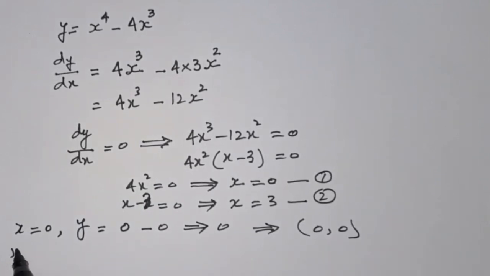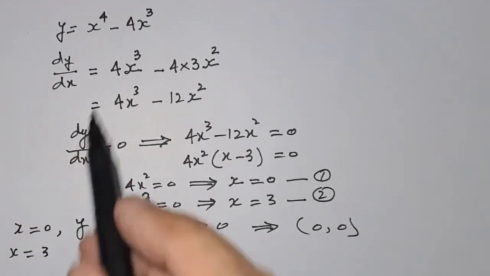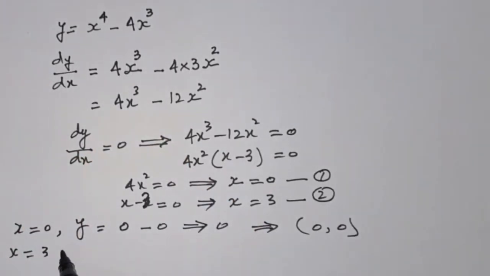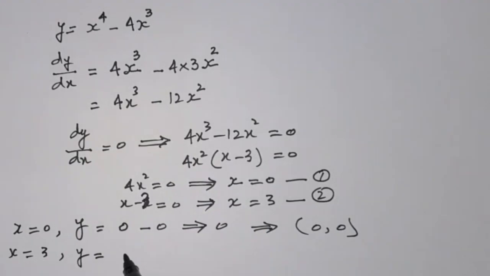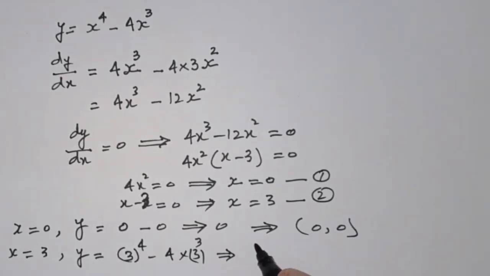Secondly, we take x equal to 3 and put in this equation, and that will be y is equal to 3 power 4 minus 4 into 3 power 3, which works out to be 3 power 4, that is 3 into 3 is 9, into 3 is 27, into 3 is 81, minus 27 into 4, or 4 into 27.